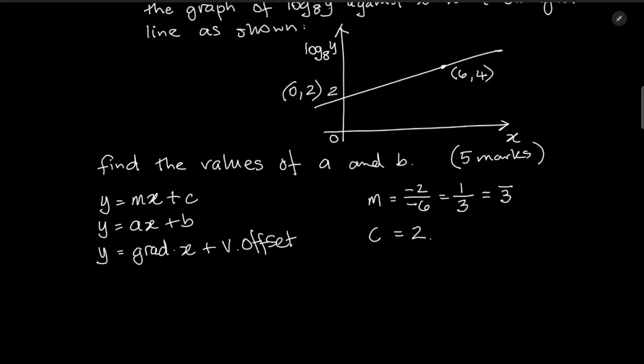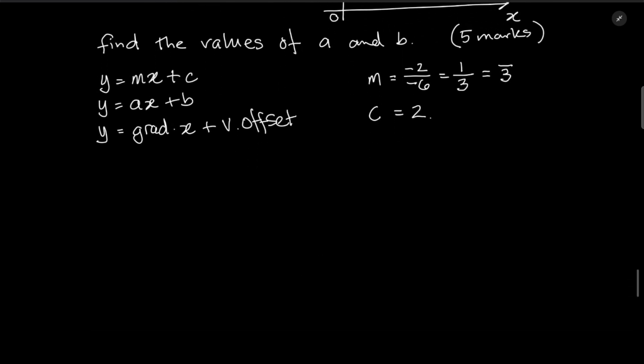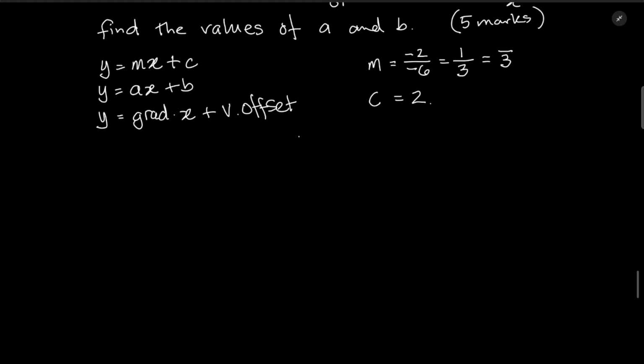Now, our relationship here is not y and x. If we look at the quantity plotted on the vertical axis, it is log 8 of y. So in fact, it's not y equals mx plus c. It's log 8 of y equals m, which is per 3, times x plus 2.